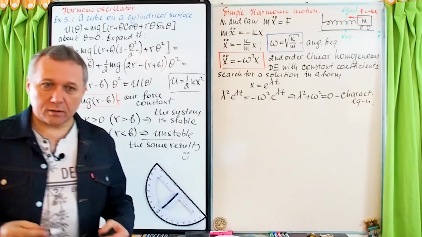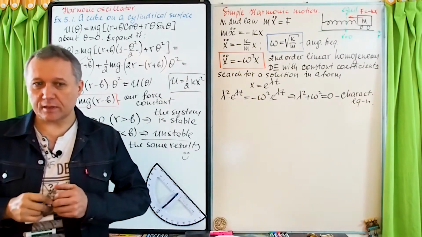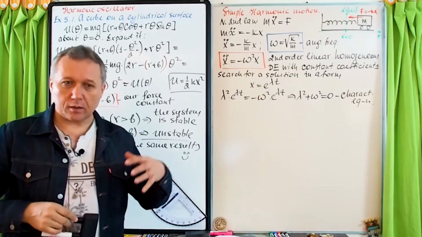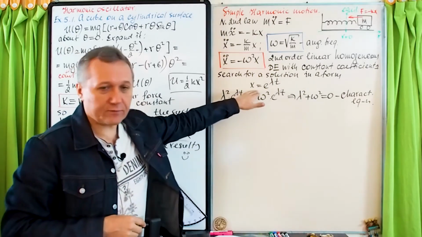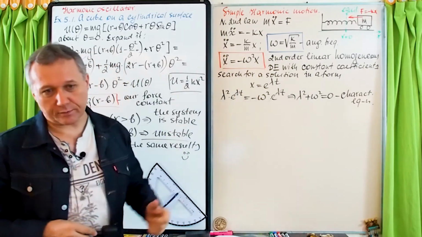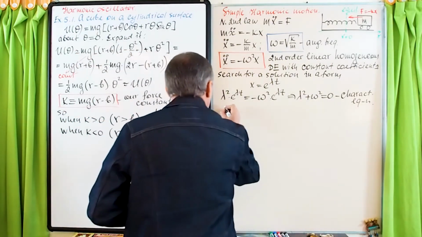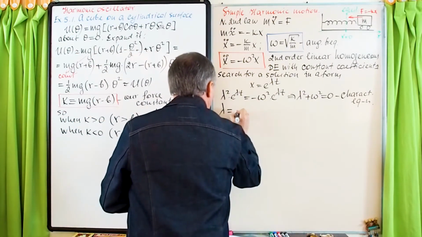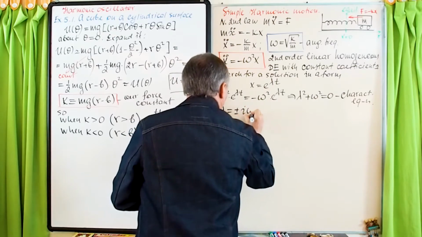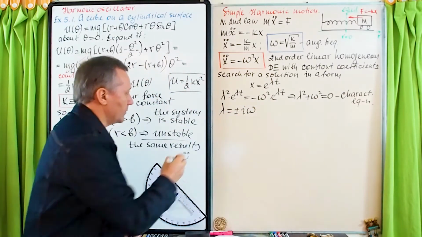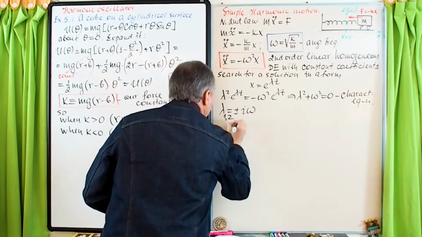It means that we're going to impose some limitations, and only with those limitations can this function be a solution of that differential equation. So limitations on lambda. Lambda must be equal to plus minus i omega. Let me write lambda 1 and 2.